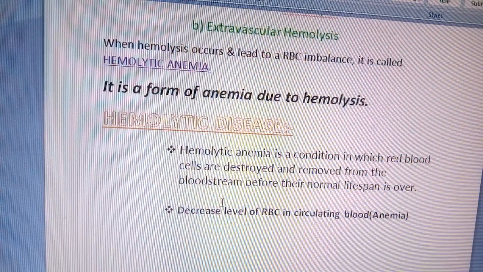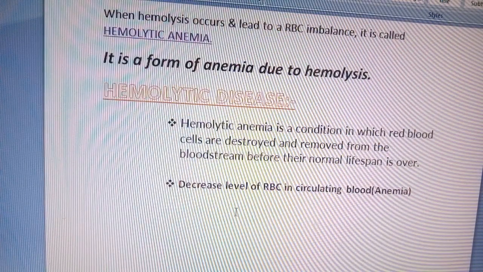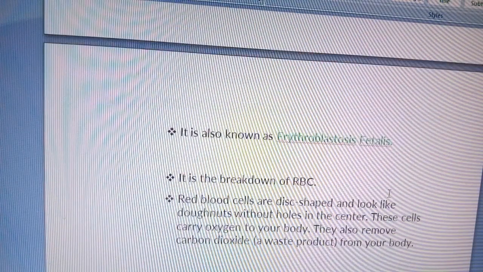So what is hemolytic anemia? Hemolytic anemia is a condition in which red blood cells are destroyed and removed from the bloodstream before their normal lifespan is over. A decreased level of RBC in circulating blood is called anemia. It is also known as erythroblastosis fetalis.